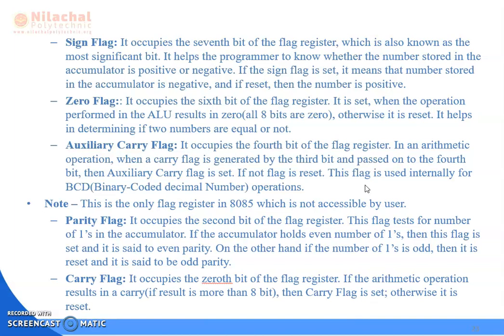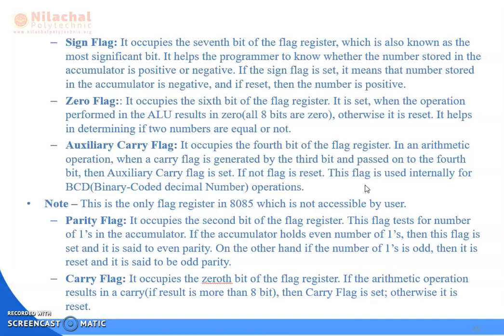It helps the programmer to know whether the number stored in the accumulator is positive or negative. If the sign flag is set, the number stored in the accumulator is negative, and if it is reset, then the number is positive. That means if the sign bit of a number is 1, the number is negative, and if the sign bit is 0, the number is positive.